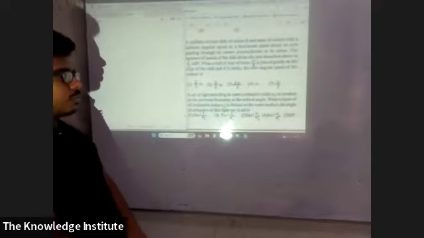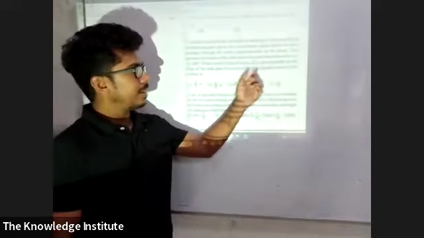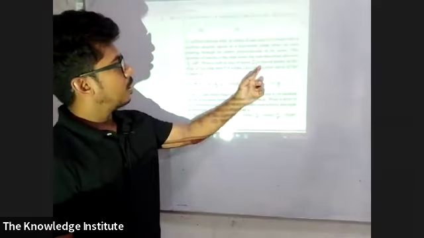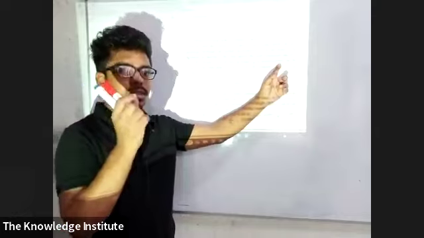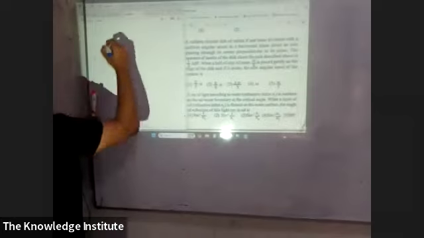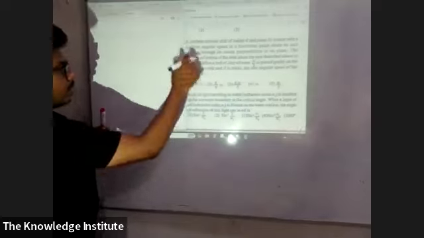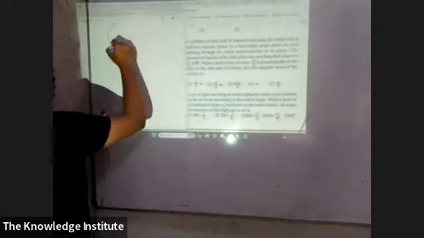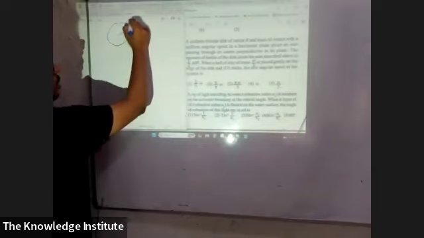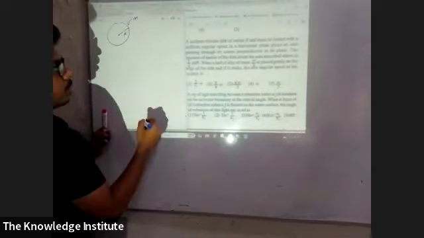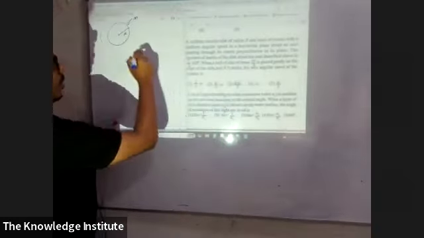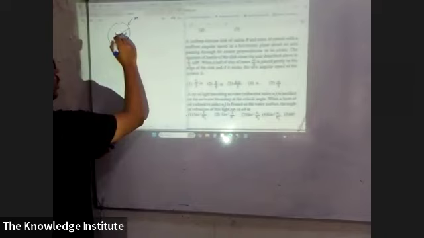When a ball of clay of mass m over 8 is placed gently on the edge of the disc, and if it sticks, the new angular speed of the system is? Here they say gently, meaning no torque is applied, so we can use angular momentum conservation. I will illustrate the problem: a uniform circular disk of radius R, mass M, rotating about the center, with another mass at distance R.